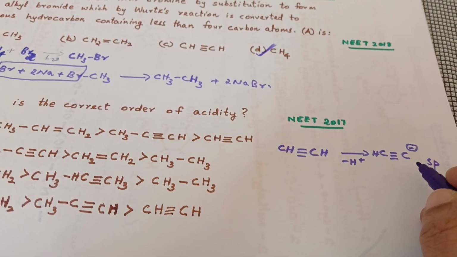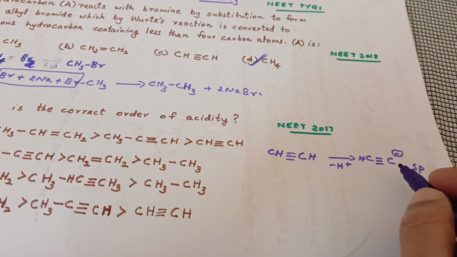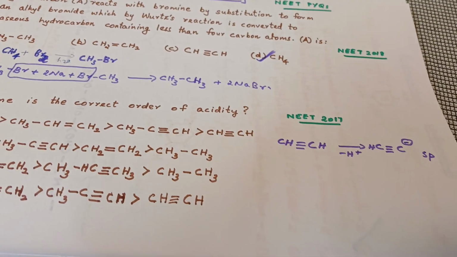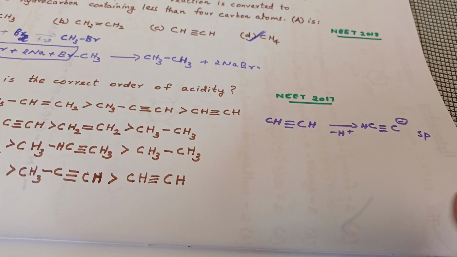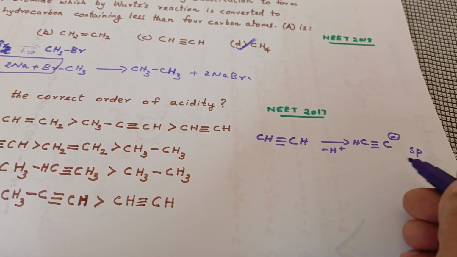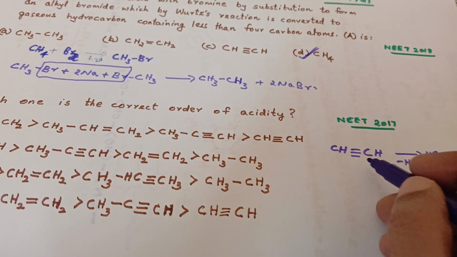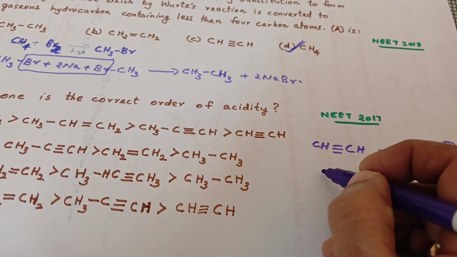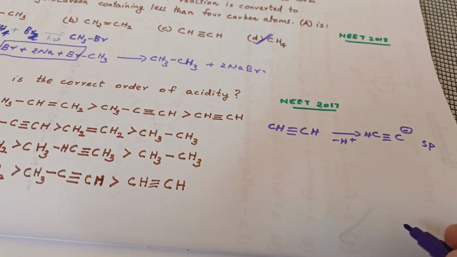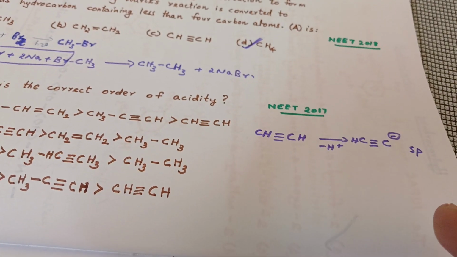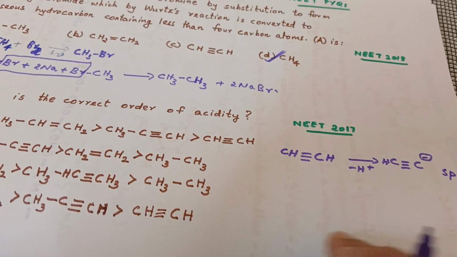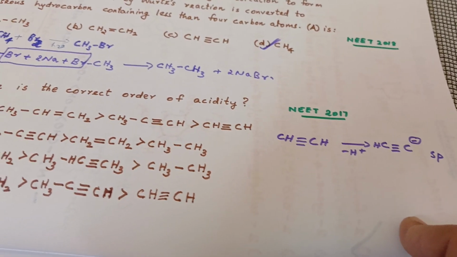That will stabilize the conjugate base because the carbon is more electronegative, and as a result pulling off of a proton is easier. This will decrease when it is a double bond between the carbons. The s character will decrease to 33.3%. So it will go on decreasing till it is for an alkane.